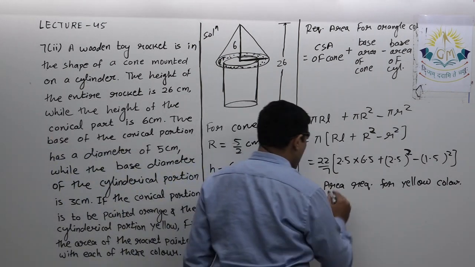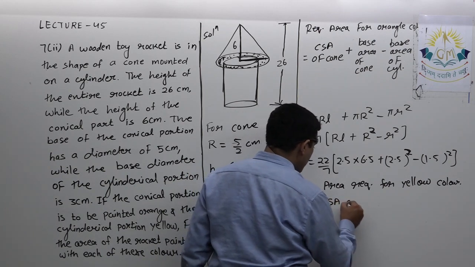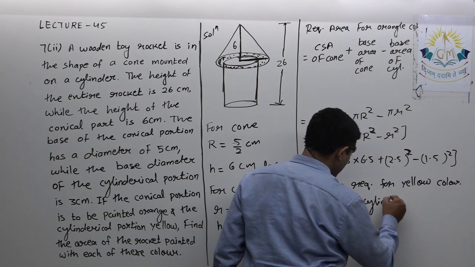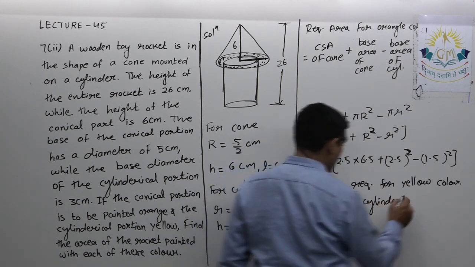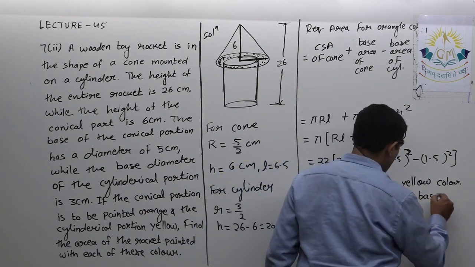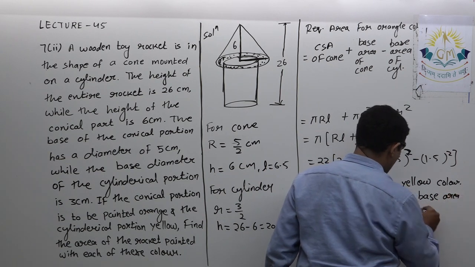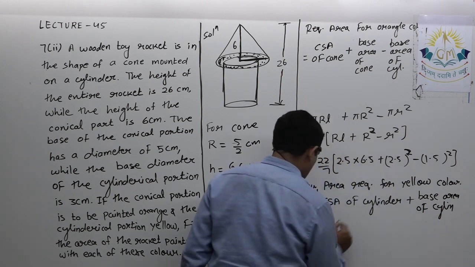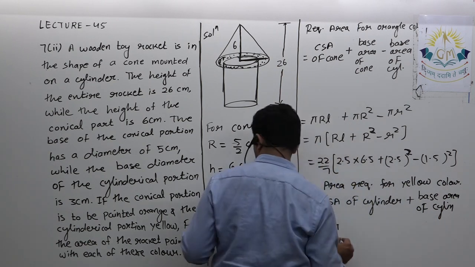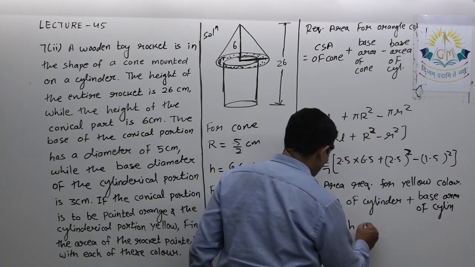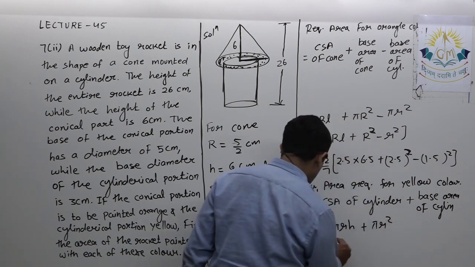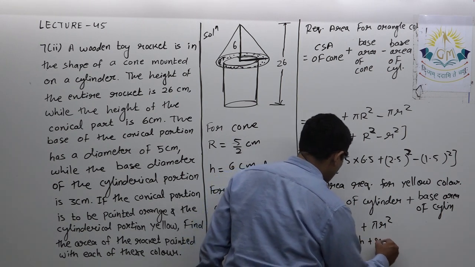So the area required will be CSA of cylinder plus base area of cylinder. CSA of cylinder is 2 pi small r h, and the base area is pi small r square. So here I can take pi r common, 2h plus r.